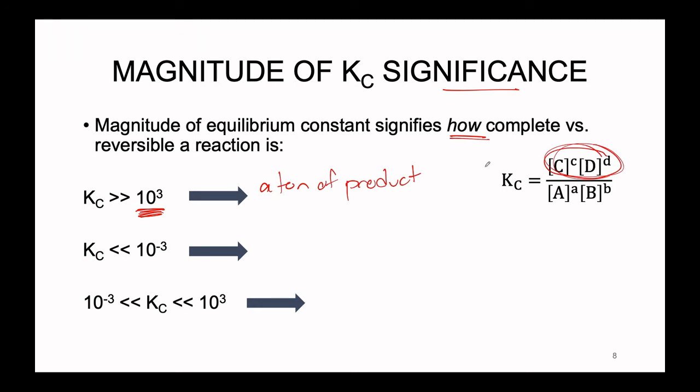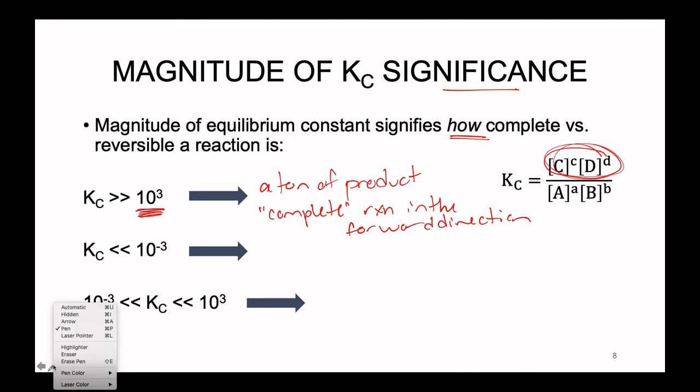So this first scenario, this first situation, is going to represent a complete reaction in the forward direction. In other words, all of the reactions that we have been talking about up until this point, all of our complete reactions, if we were to work out the math, would have equilibrium constants that are significantly larger than 1,000.